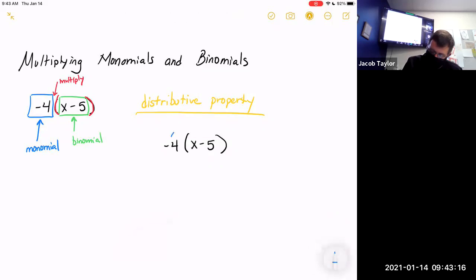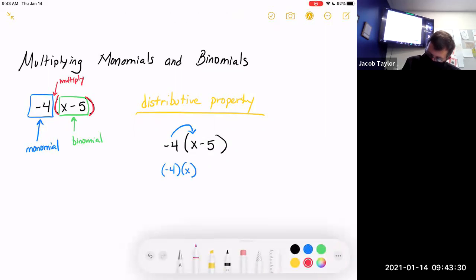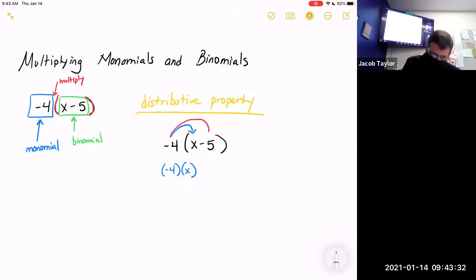So I will take this -4 and multiply by x. Now, if you know that that is -4x already, you can just write -4x. And I'm going to go ahead and write out -4 times x. There's my first step. My second step is going to be to do -4 multiplied by -5.